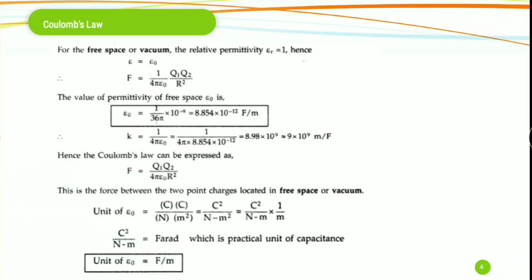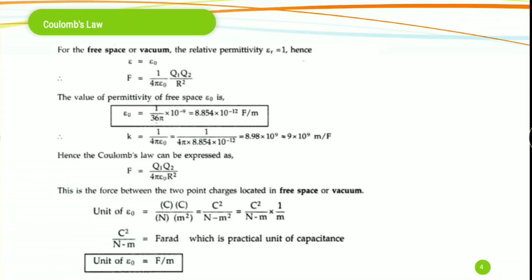r square. Now how do we calculate the units of epsilon naught? For example, cross multiply F and epsilon naught, then the epsilon naught formula is Q1 Q2 by 4 pi F r square.